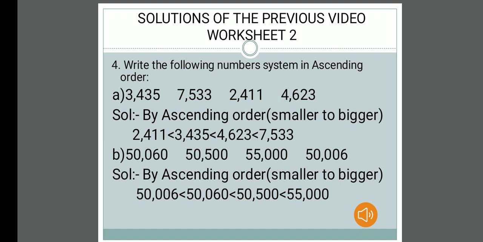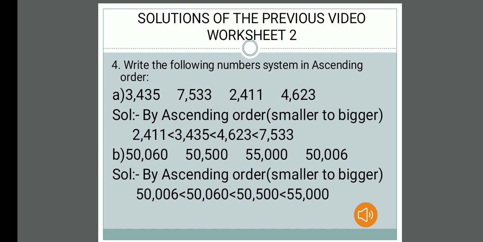When I compare 3,435 with 4,623, 3,435 is lesser than 4,623. When I compare 4,623 with 7,533, 4,623 is lesser than 7,533. So I have inserted less than symbols while arranging the numbers from smaller to bigger.